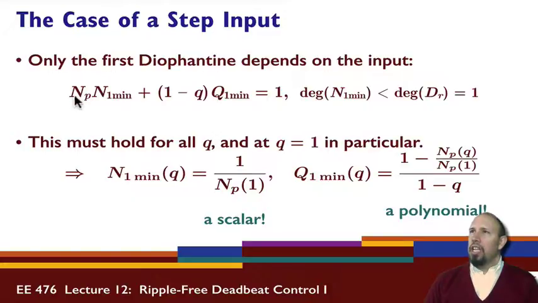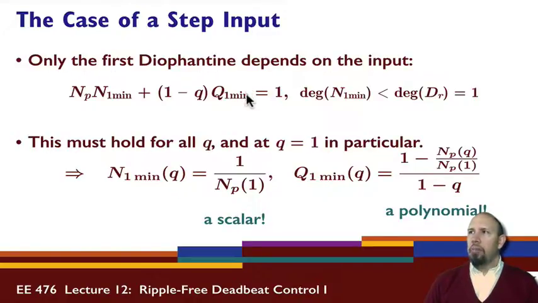And so in this case, for the minimum order solution, this is what we have. This is dr. So np n1 dr times q1. We have this equation, and notice that this must hold. That means all of this stuff must be equal to 1 for all values of q.